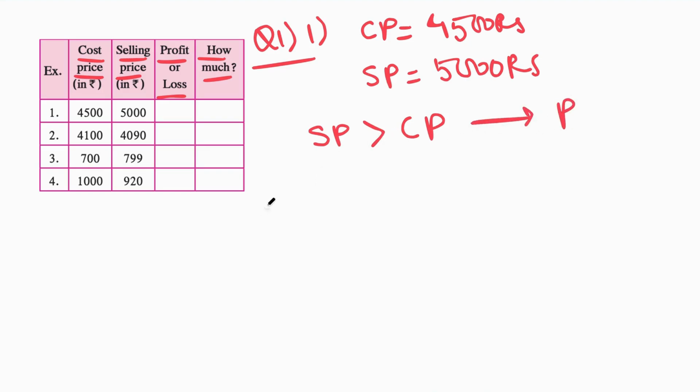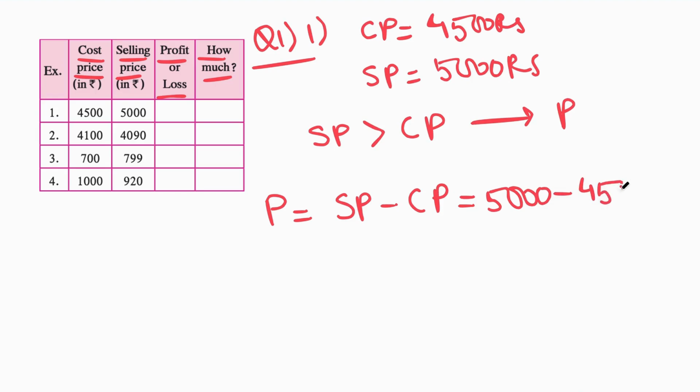So we will write the formula for profit, which is selling price minus cost price, which gives us, after subtracting 5000 minus 4500, an answer of 500 rupees. That means in the first question there was a profit of rupees 500.